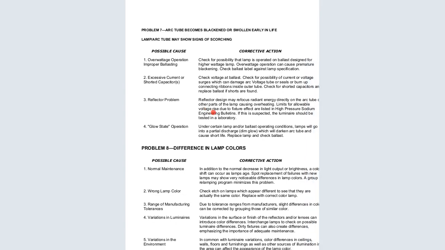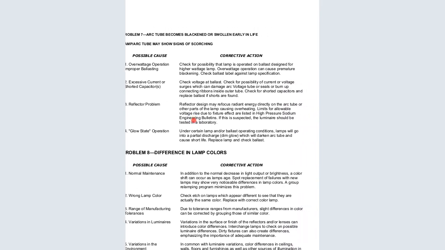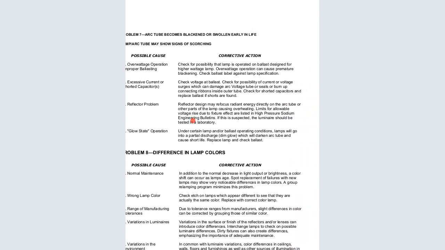So what do you do? You check the possibility that the lamp is operated on a ballast designed for a higher wattage lamp, and overwattage operation can cause premature blackening. Then check the ballast level against the lamp specification, check the voltage and ballast, and check for the possibility of current or voltage surge.